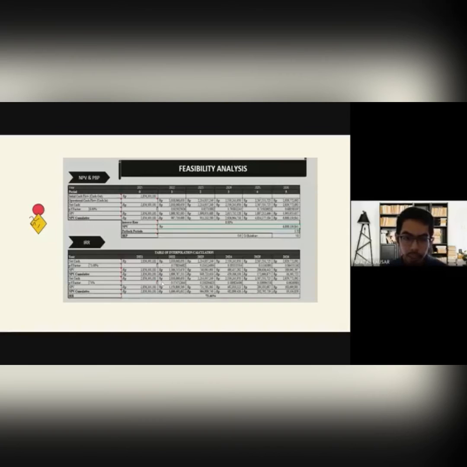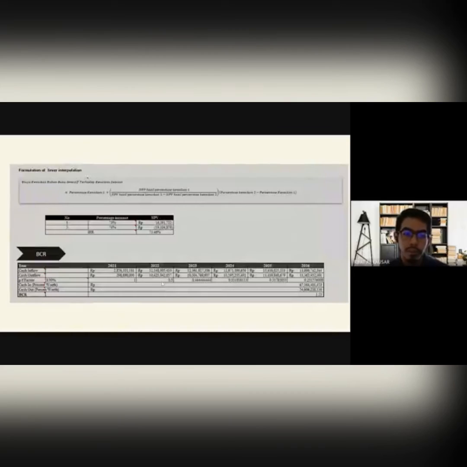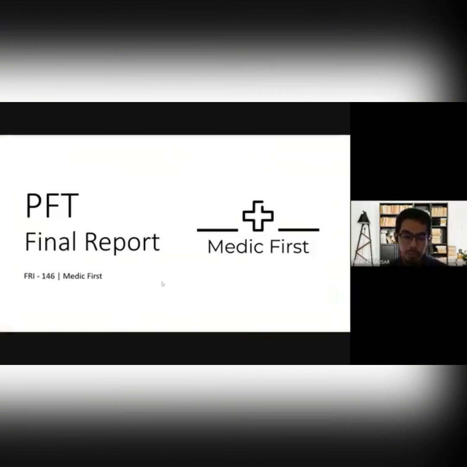And this is our IRR, 73.46%. Next. Okay, which is still the same, and the BCR is 1.22. That means our business is feasible because it is more than one.